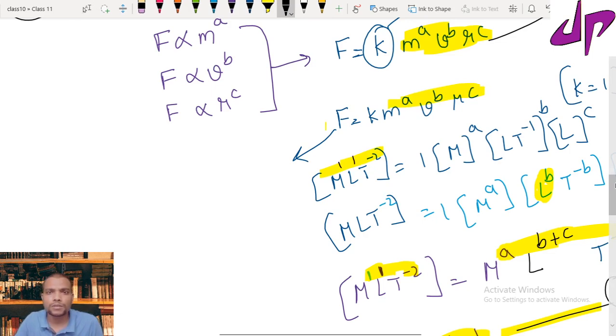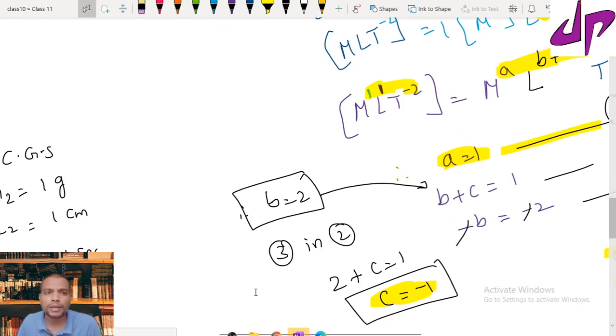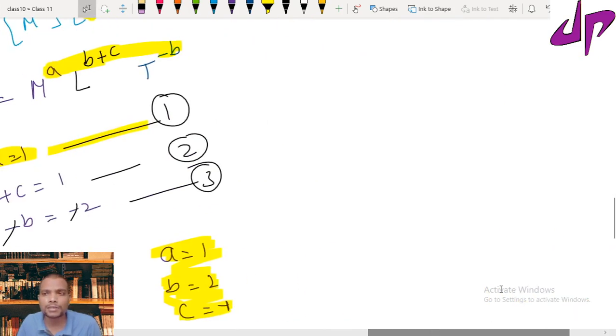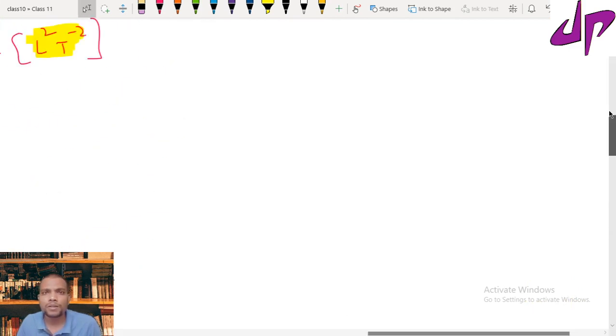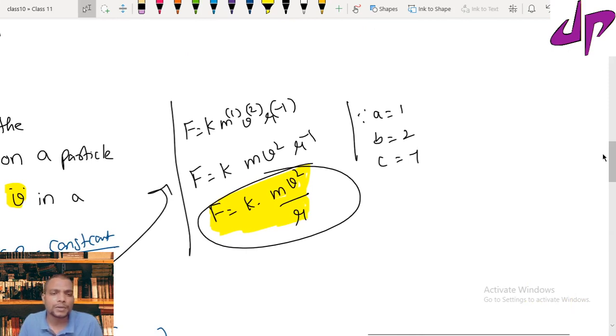This is how it helps us bring the final expression in terms of length, mass and time. Finally we are able to derive the centripetal force. So this is how dimensional analysis helps us derive the relationship among physical quantities.